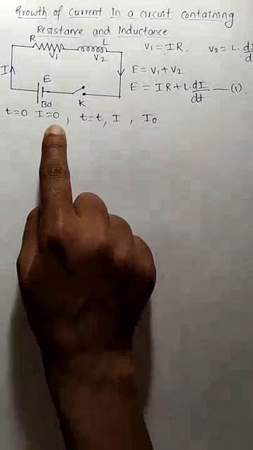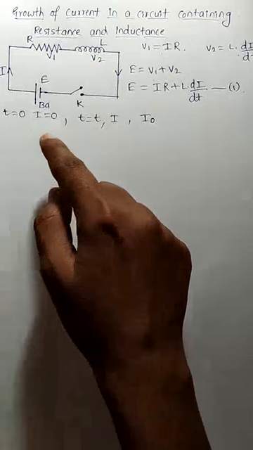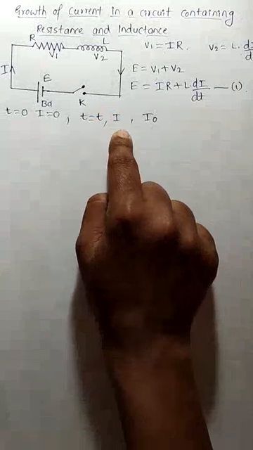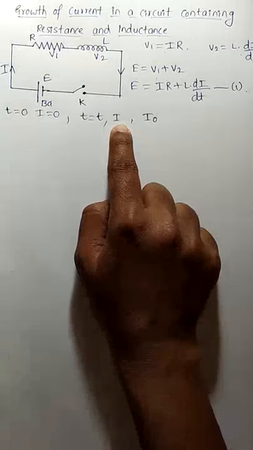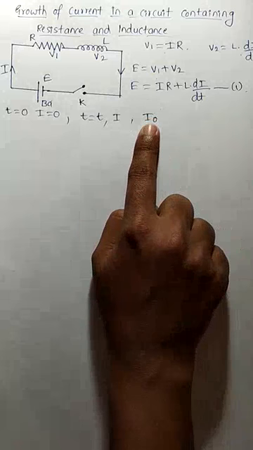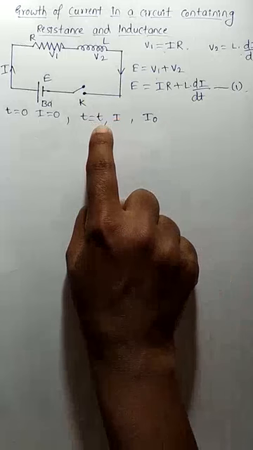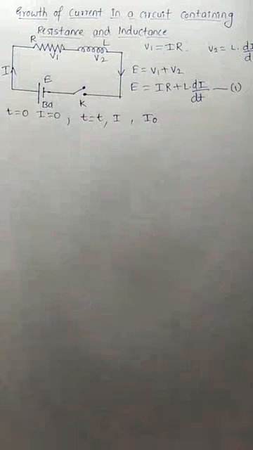Starting, the current is 0, and as time passes, the current goes on increasing. At time t seconds the current in the circuit is I, but after a certain time it reaches a maximum value. That time the current will be I naught. This is the maximum current in the electric circuit. The current is 0 when time is equal to 0 seconds, isn't it?